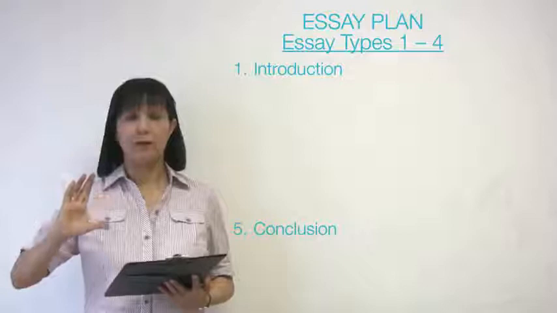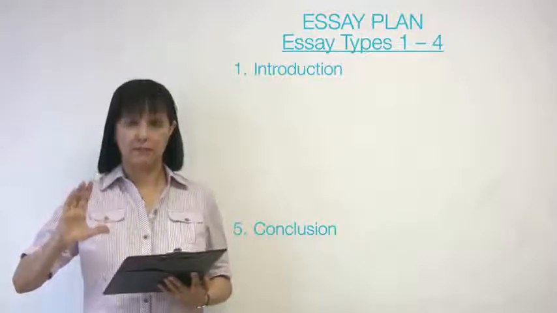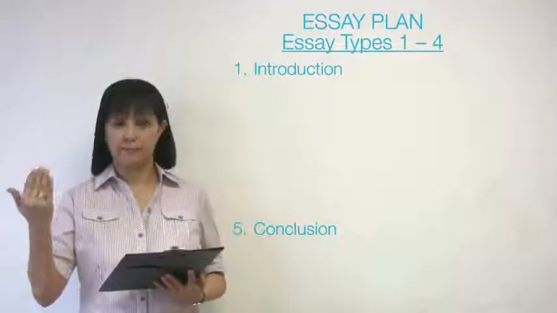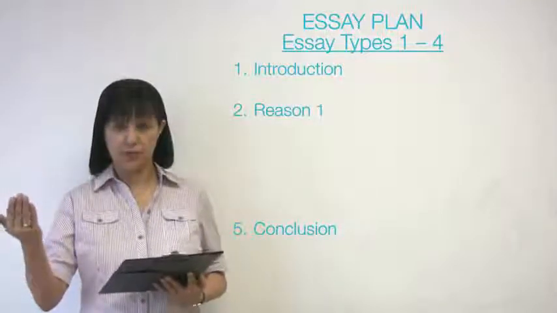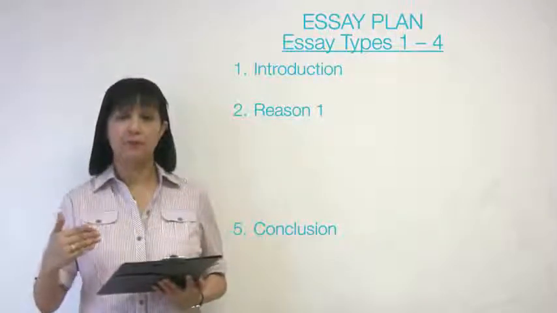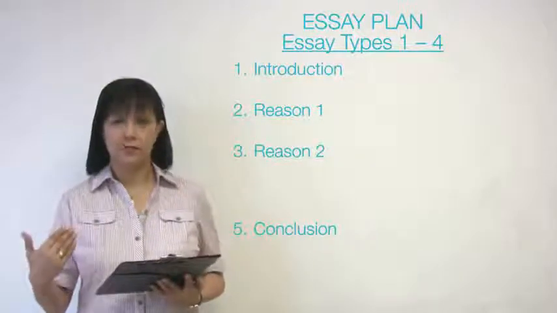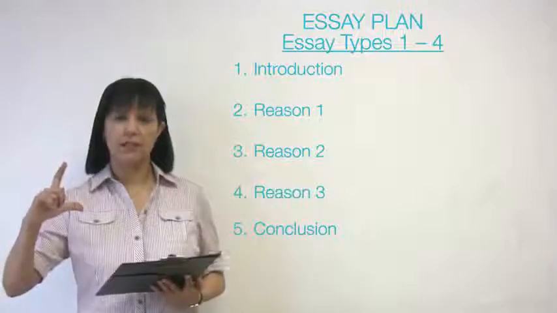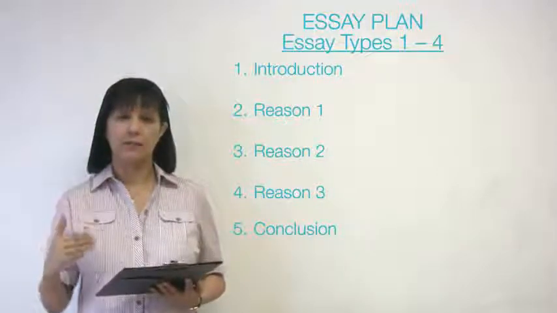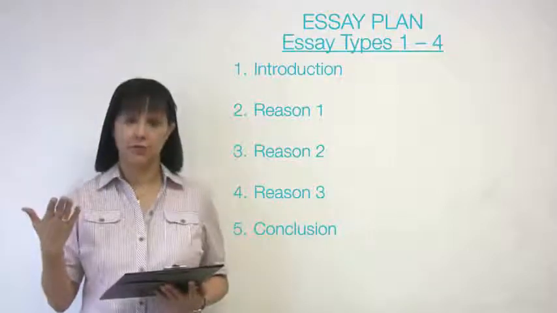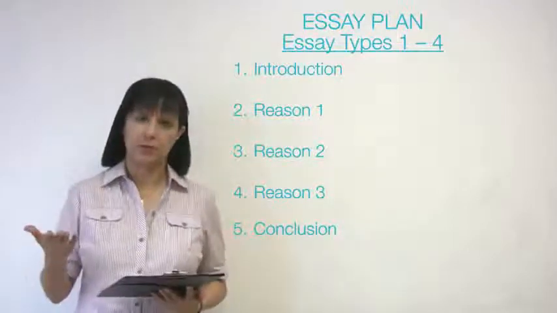The 3 body paragraphs, however, are quite different. The first body paragraph will tell you the first reason. Second body paragraph will give you a second reason. Third paragraph will give you a third reason. So in your body, you basically have 3 different main reasons for the opinion that you have chosen to write about on that particular essay.